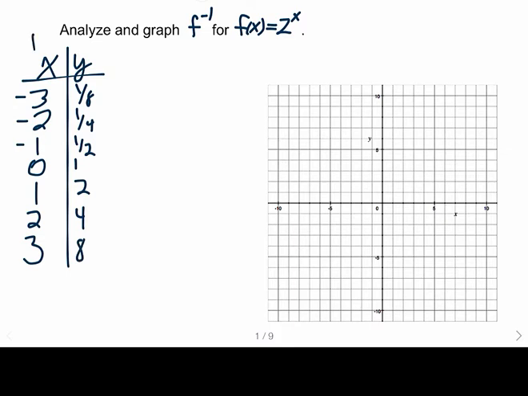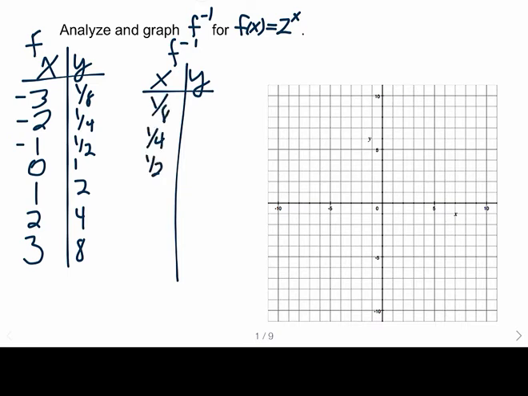Now that's for the function f of x. What we want to consider is f inverse. And since the inverse of a function switches inputs and outputs, x's and y's, all we need to do is reverse the ordered pairs represented. So 1/8 will map to -3. 1/4 will map to -2.